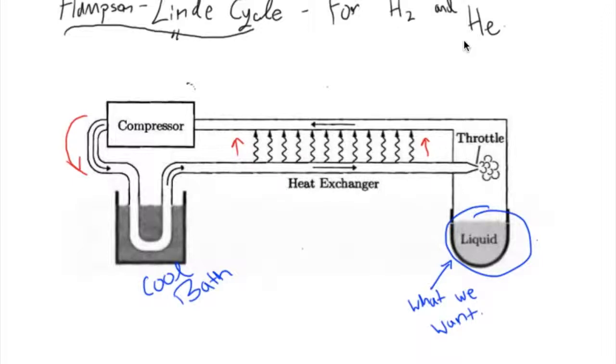This is opposite from what Quinn described in the throttling process, where kinetic energy decreases and we see a decrease in temperature. So here, for hydrogen and helium, if we don't pre-cool them enough, we will actually see them increase in temperature due to the throttling process.